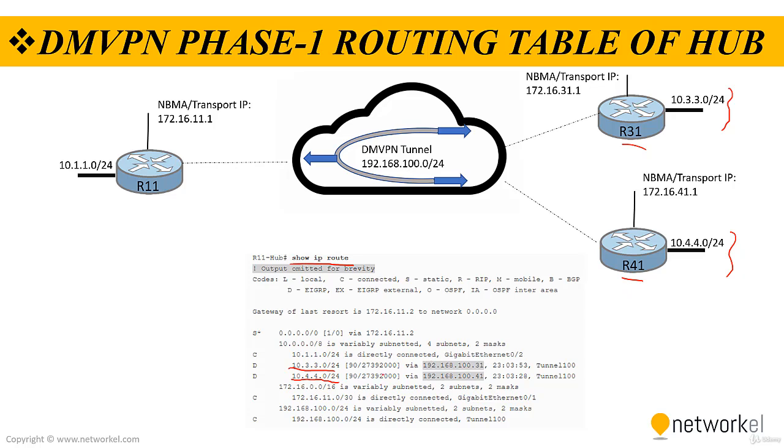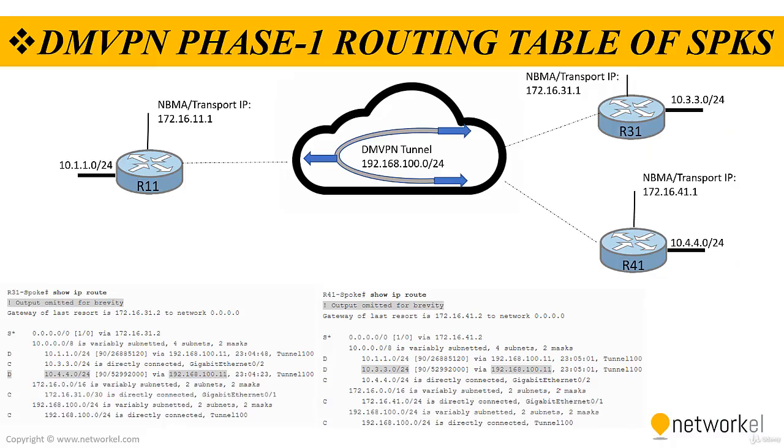And we can see how this hub learned these routes is via the 100.31 and 100.41, which is the tunnel interface for router 31 and router 41.